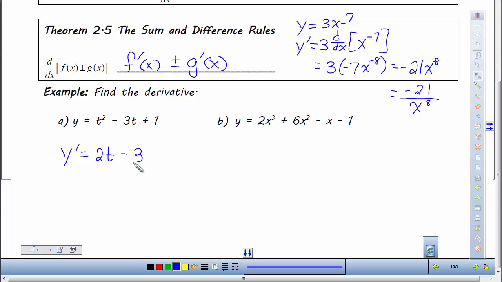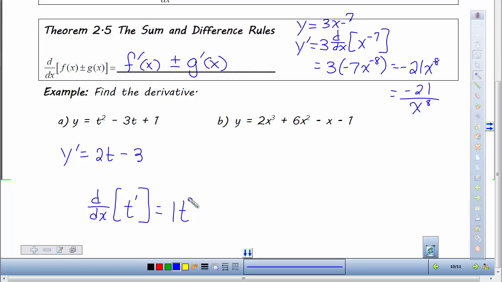Now, questions about that one? Let's deal with just t by itself first. Of course, if we have just t, that's t to the 1. And so the derivative says we bring the 1 out front and then we subtract. So we get what? 0. And t to the 0 is 1. But I also had this constant multiple, right?